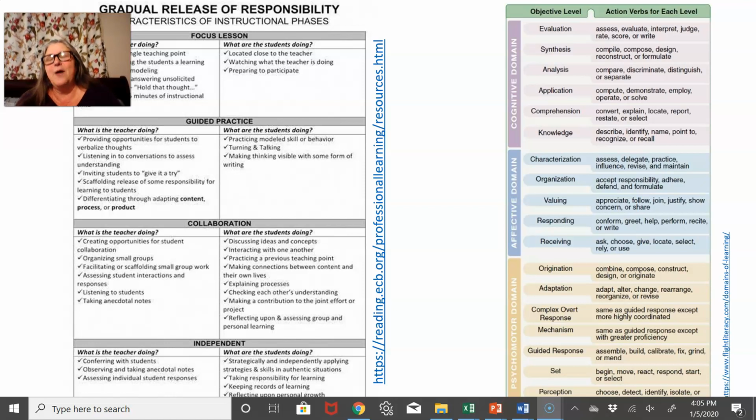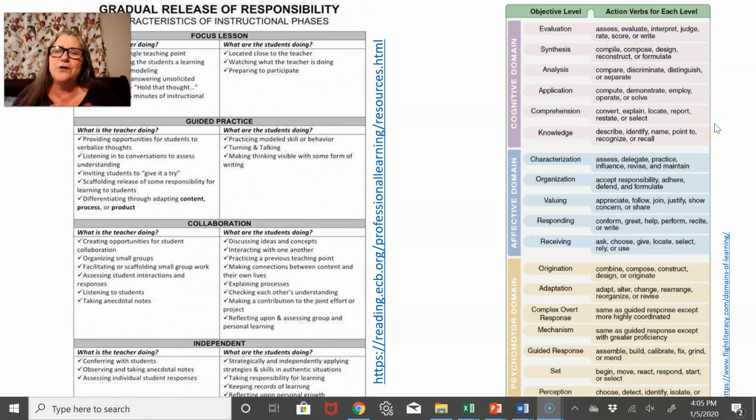let's stay away from saying things like students will write down, students will sit up, students will get in line. That's not what we're talking about. We're talking about where they are cognitively, affectively, and psychomotor. We deal a lot in the classroom, of course, with the cognitive domain.